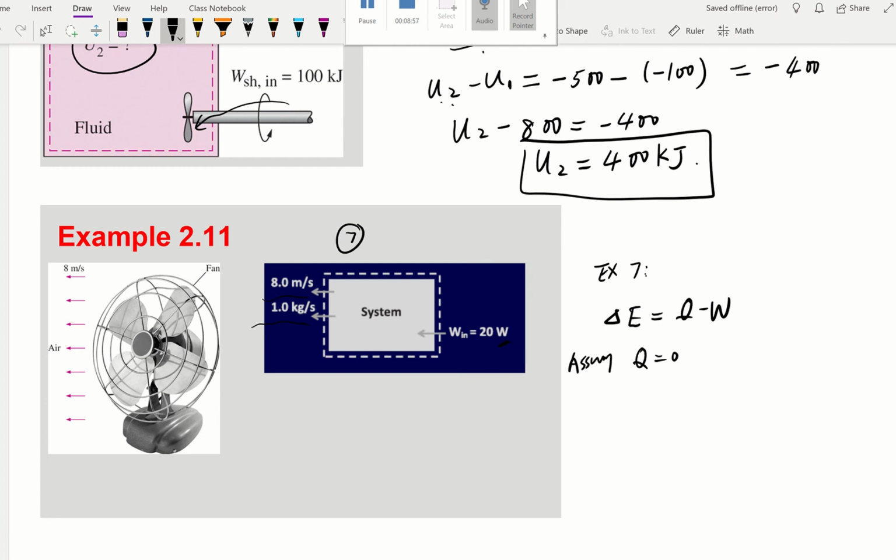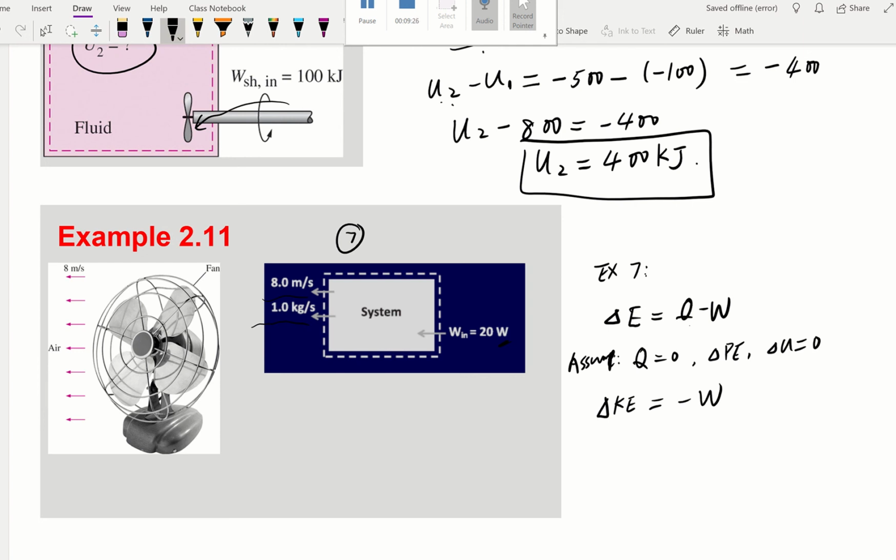And they also consider there is no potential energy change, and no internal energy change. The only thing that's changing is the speed of the fan, the kinetic energy change. So for this particular scenario, my delta E will only have delta KE. And there's no Q, no heat transfer, so it will be just work.